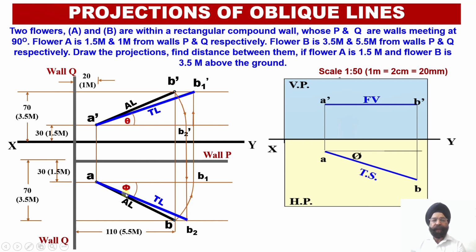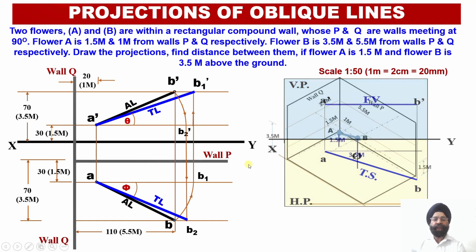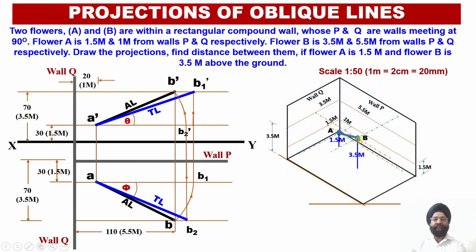Similarly, we have been able to evaluate the true length of the line in the plan, that is AB2, along with the inclination of this true length of the line with respect to the vertical plane, and this angle has been marked as angle phi. As a cross check that we have followed the principles of the rotation of the line appropriately and our solution is correct, we need to check that the true length which we have obtained in the elevation, that is A dash B1 dash, must be equal to the true length of the line which has been obtained in the plan, which is equal to the AB2 distance.